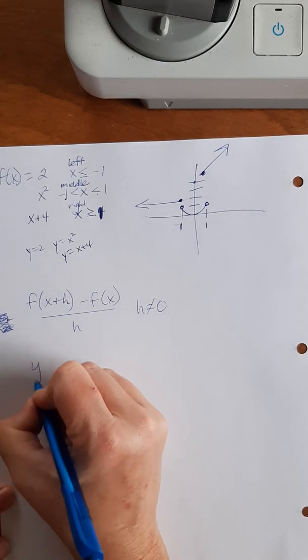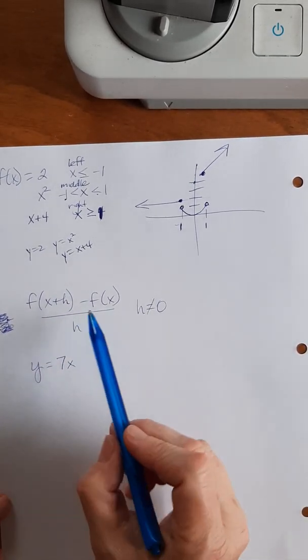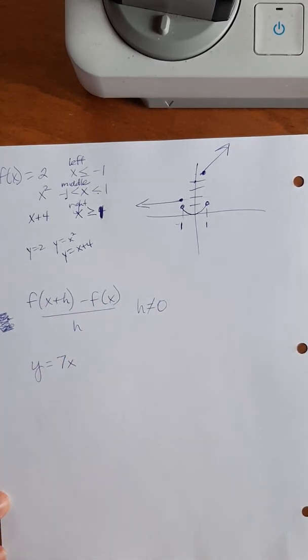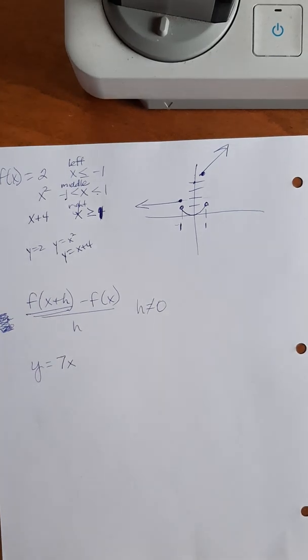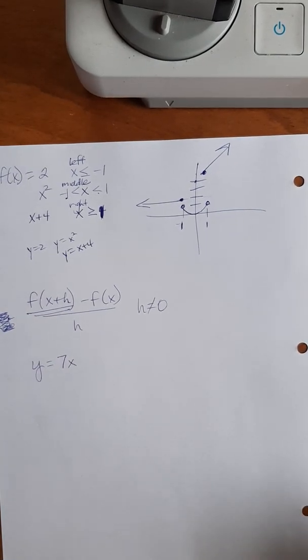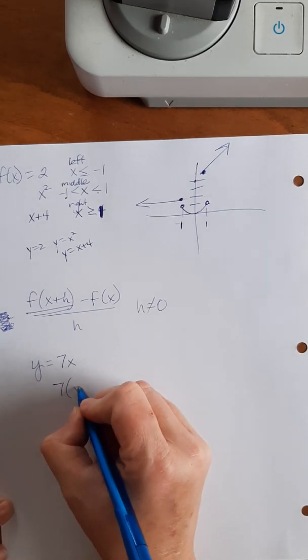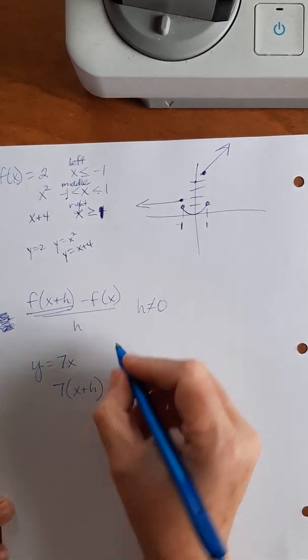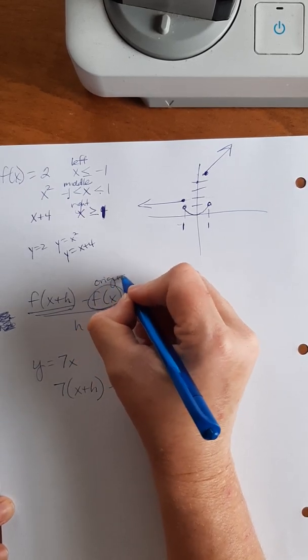But they could give you something like y equals 7x and say, we want you to apply the difference quotient to it. Well, first, you're just going to plug in x plus h. So you're going to have 7 times x plus h minus f of x, which is just the original.